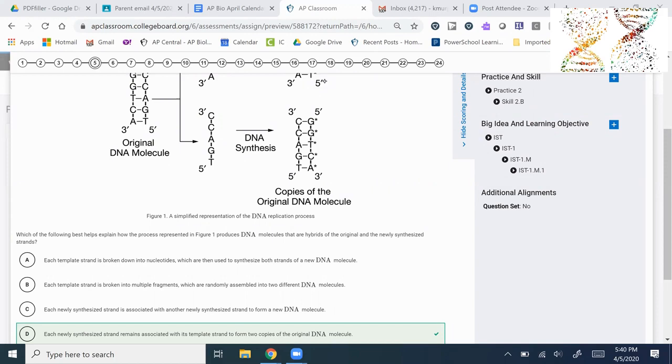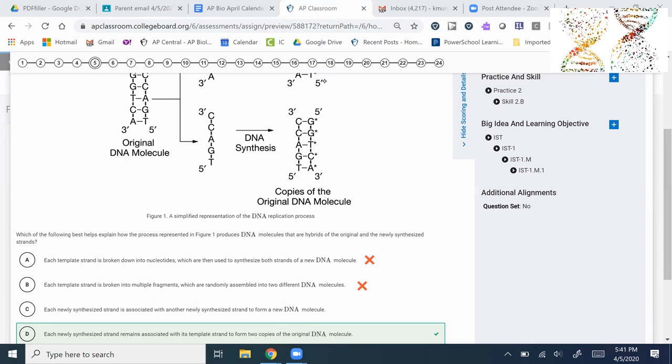All right, that does not happen. The template strand doesn't get broken into pieces of nucleotides. Remember, your nucleotide is a sugar, a phosphate, and one nitrogenous base. And then those aren't used to make a new one. So that's wrong.